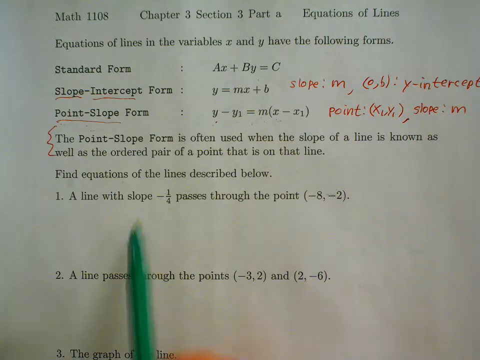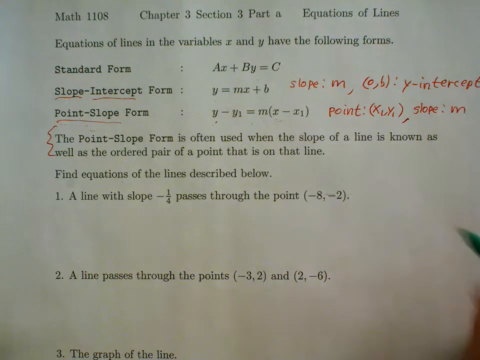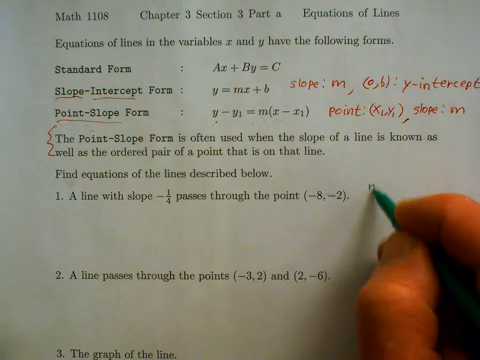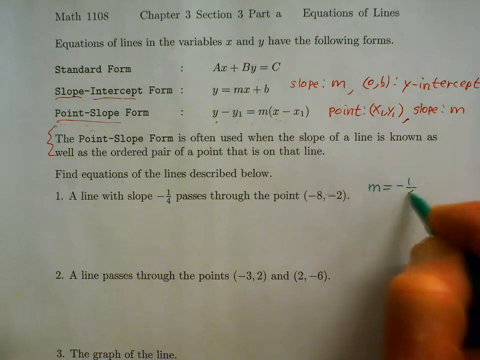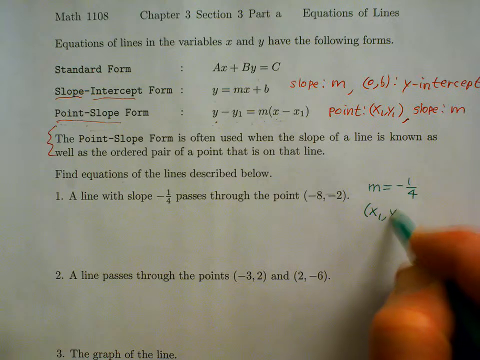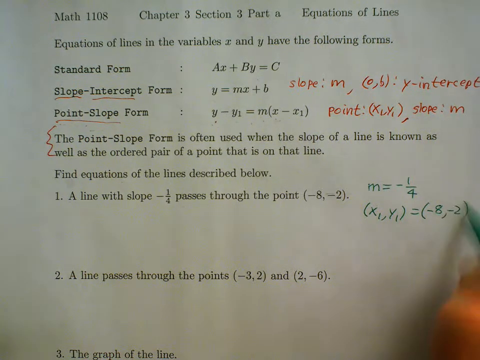Okay, this is the type of situation that is described above when using the point-slope form. So in this case, m is -1/4, and our x1, y1 is the ordered pair -8, -2.